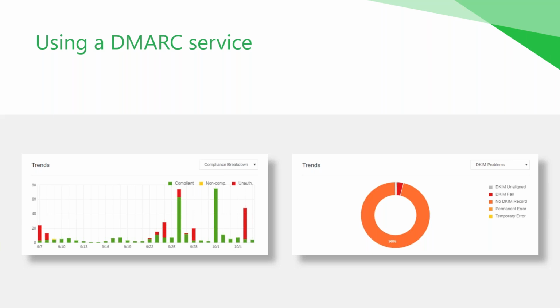Just a couple more examples of trending that you can look at, where compliance problems are happening. Is there any regularity? This is one I've seen used by brands to understand what happens on the 3rd of every month, because they're seeing it in a trend. Then they can go back and say, oh, we've got these reports that generate and we forgot they're sending out of a server we didn't maintain or configure.